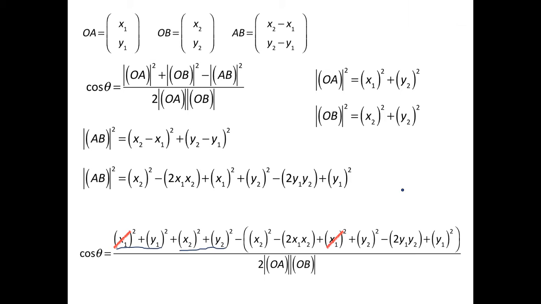That's also going to cancel out. And the x2 squared with the x2 squared inside the big bracket cancels out, and the y2 squared with the y2 squared inside. So once I've cancelled all that out, what am I left with? Minus just this expression here and this expression here. And I've done nothing with the bottom.